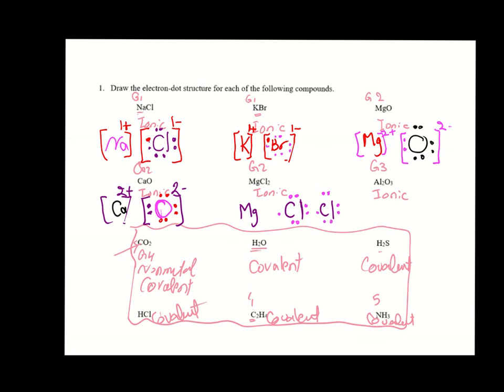Magnesium initially has 2 electrons in outer shell because it's a metal and it lies in group 2. Those 2 electrons, one of them will go to either of the Cl atom.